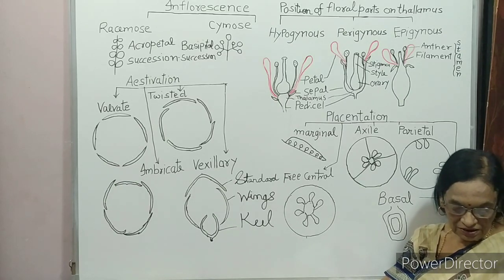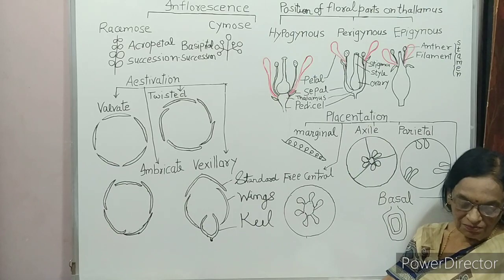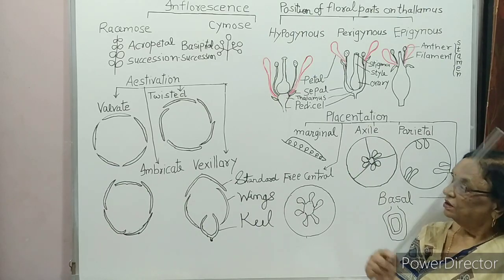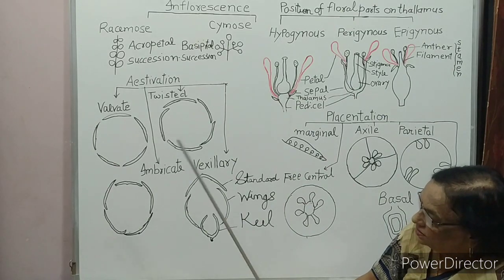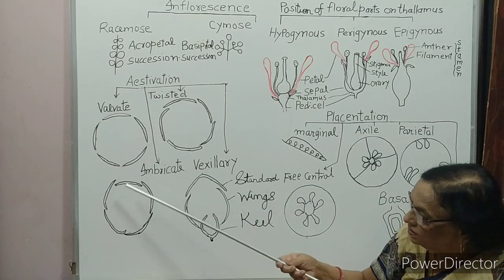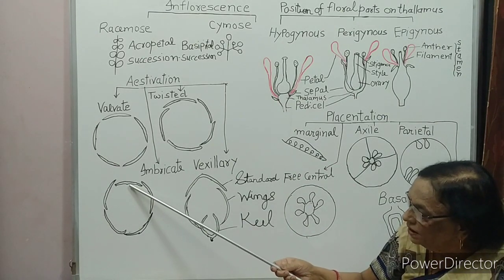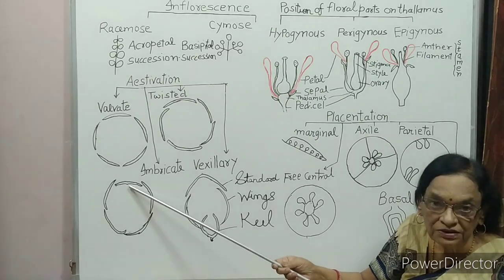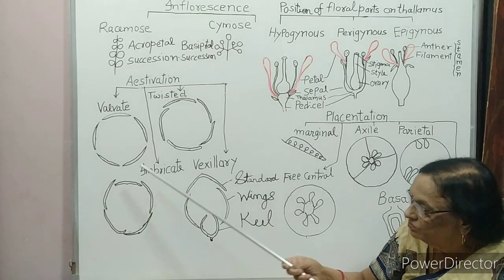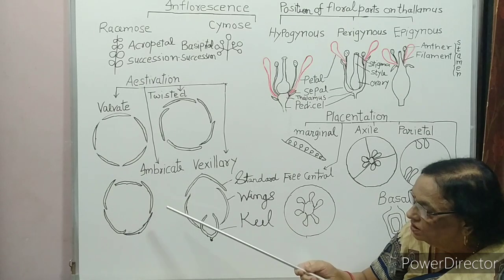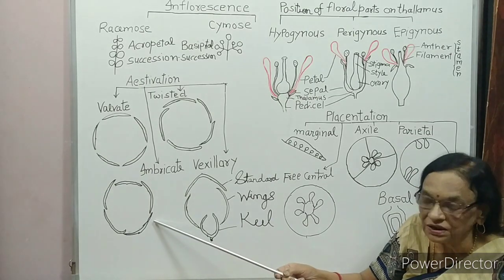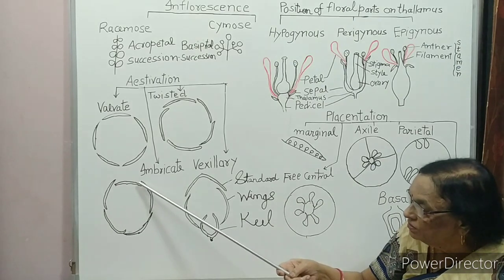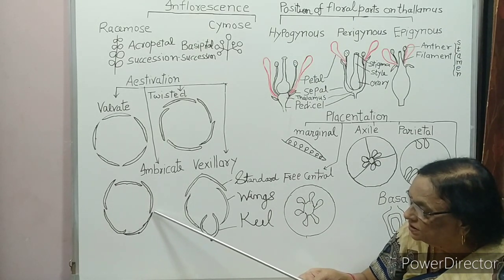What is imbricate? The margin of sepal or petal. Here you can see one sepal or petal is completely inside, another sepal or petal is completely outside, and the other sepal or petal overlap each other.